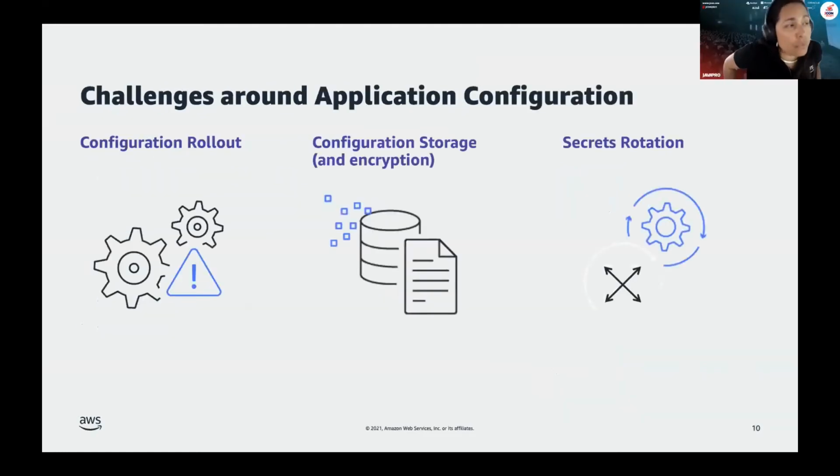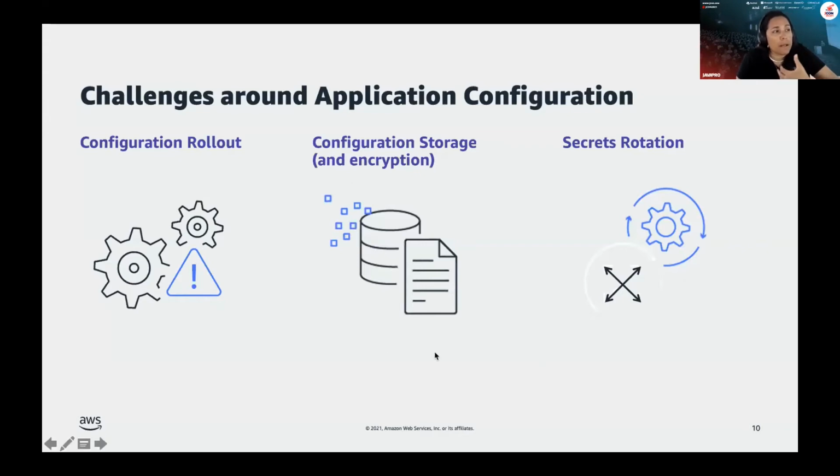So as I just mentioned, we have some challenges around application configuration. How do we make it available to our applications? How do we roll it out carefully? How do we roll back if our application gets in fact broken by that configuration version? And how do we actually validate it to avoid errors to our application in the first place?